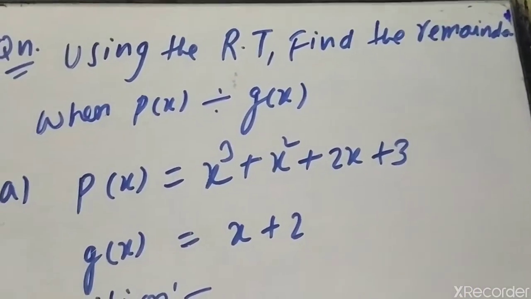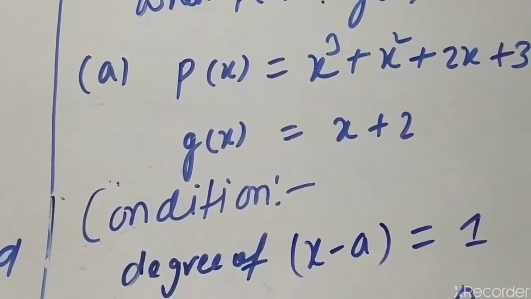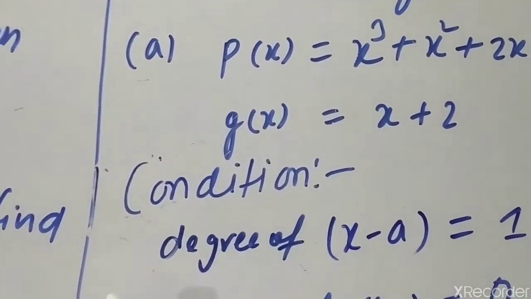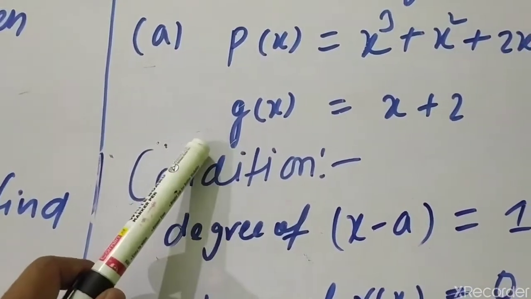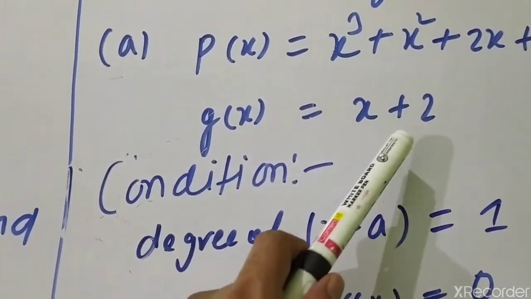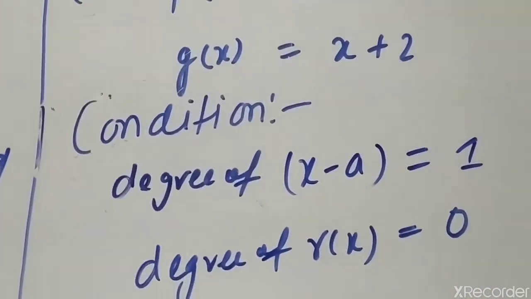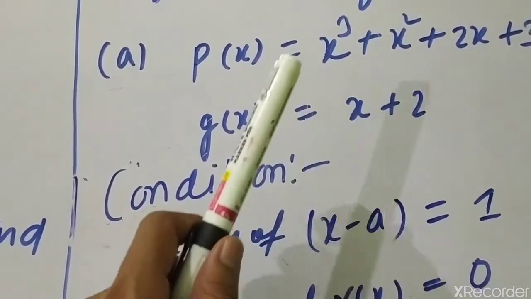Find the remainder when p of x is divided by g of x. So g of x equals x plus 2. First step is to find the zero of the divisor. Zero of the divisor means x plus 2 equals 0, so x equals minus 2.